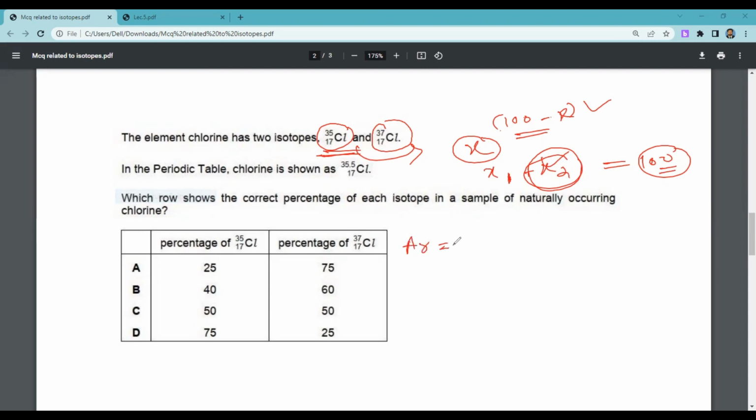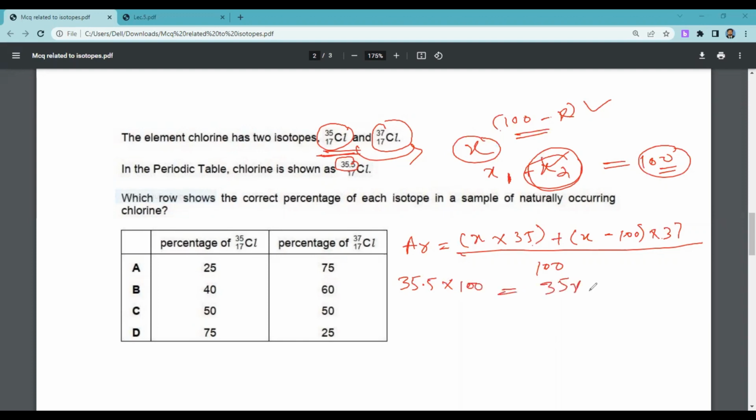Now apply the formula. Relative atomic mass is equal to abundance of the first isotope, x, multiplied by 35, plus 100 minus x multiplied by 37, divided by 100. Here 35.5 is given to us. 35.5 multiplied by 100 is equal to 35x plus 37 multiplied by 100 minus x.